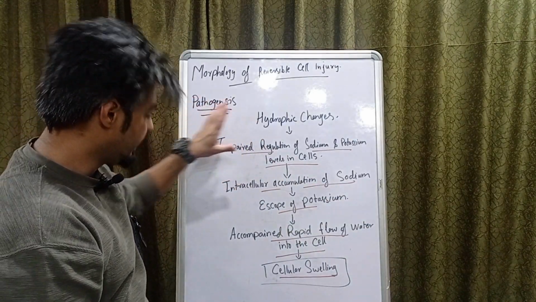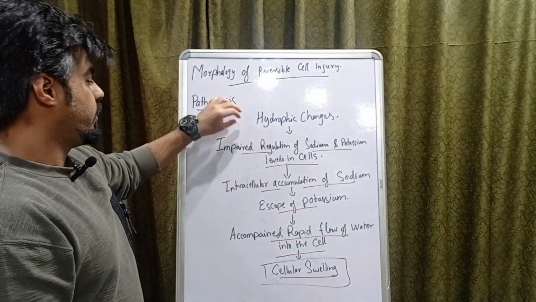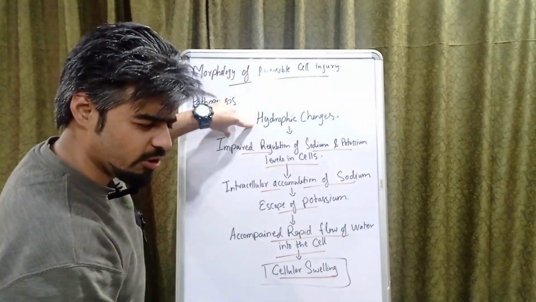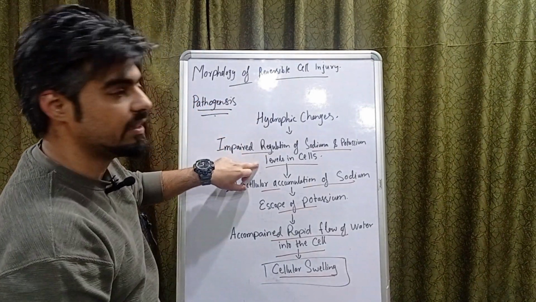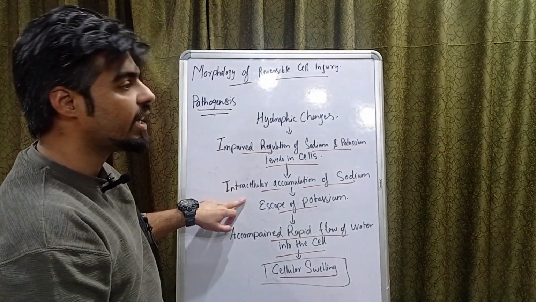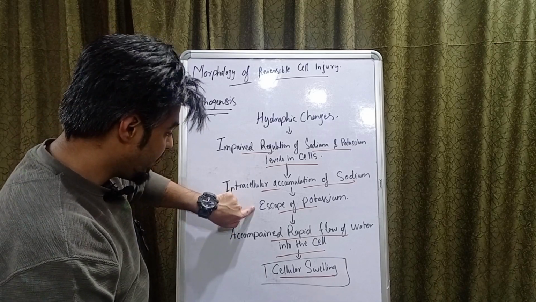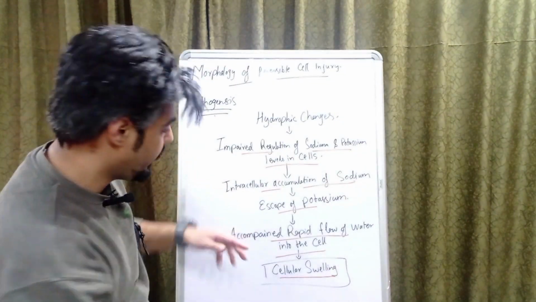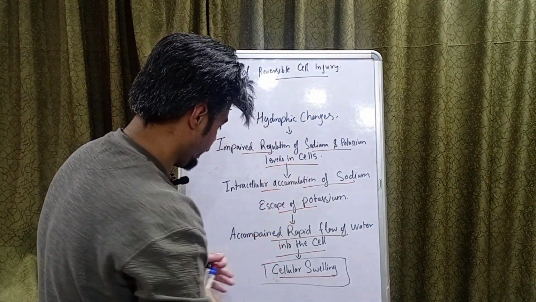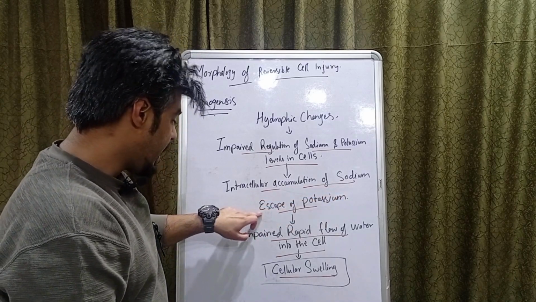Repeating it once again, to make it very simple: hydropic changes occur because of impaired regulation of potassium and sodium levels in the cell. Next, intracellular accumulation of sodium occurs along with escape of potassium.